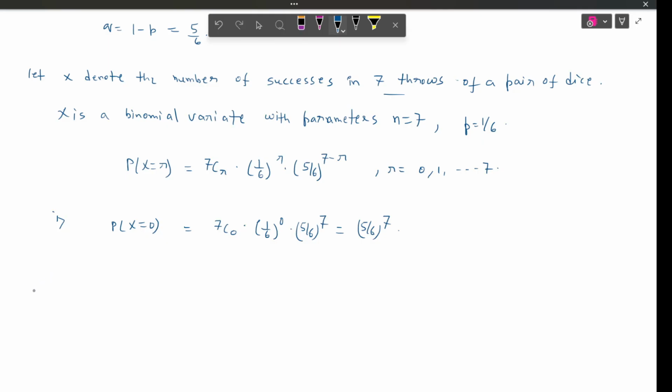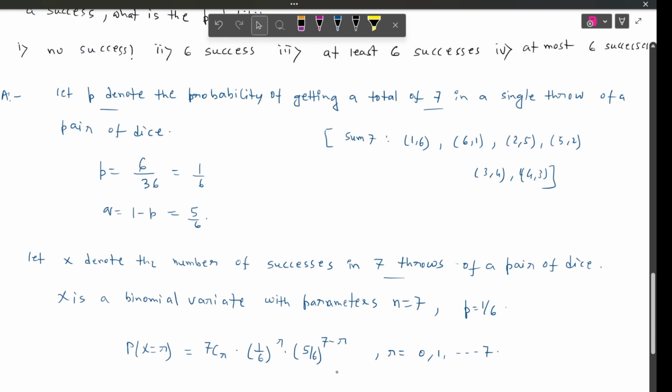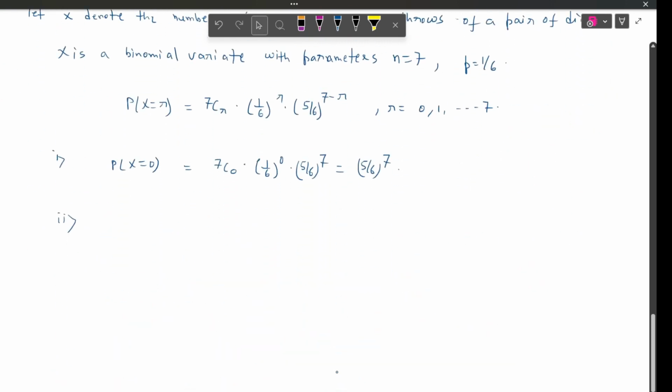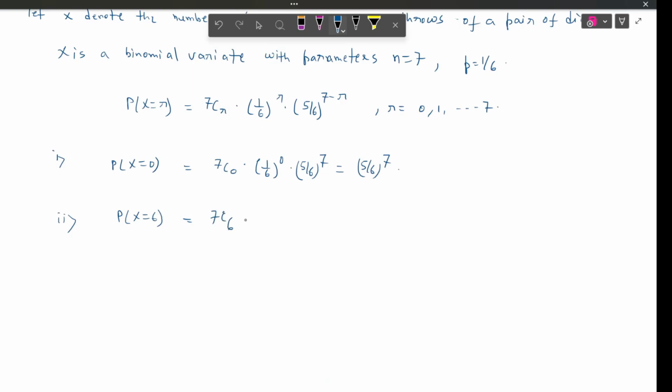Now number 2 is 6 successes. So that means probability of X equals 6. So 7C6, 1 by 6 to the power 6, 5 by 6 to the power 7 minus 6. This value will come up to be 35 into 1 by 6 to the power 7.